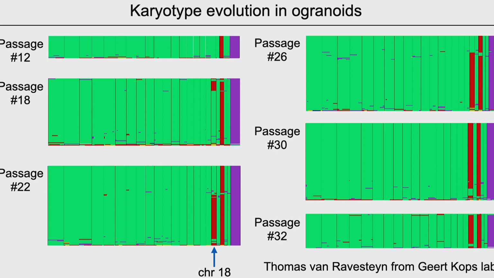First I will introduce this one that is simpler and easier to understand. So pay attention to the chromosome that is labeled here. This is chromosome 18. You can see how in time the number of cells having 3 copies of this chromosome changes and grows.